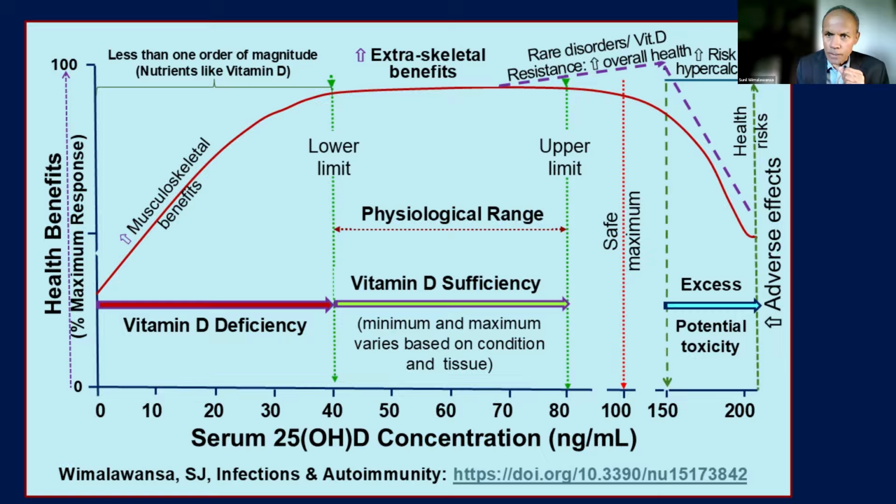So the adverse effects go up with higher doses above 140 to 150 nanograms per milliliter. As I said, to maintain higher levels, you must be treated by a specialist who is very familiar with handling high doses, particularly in specialized centers.